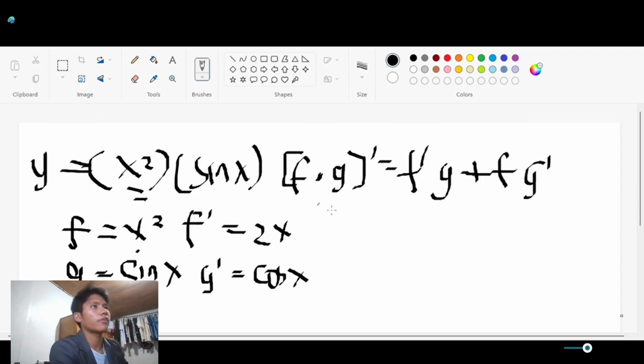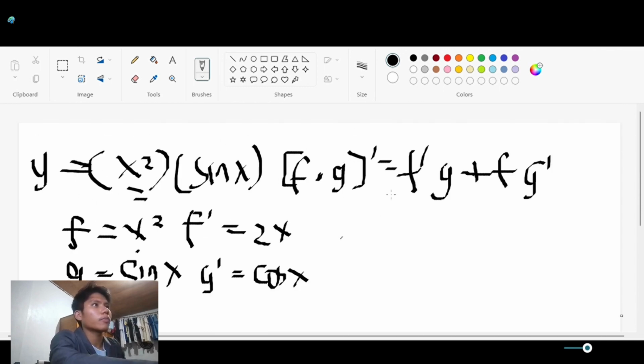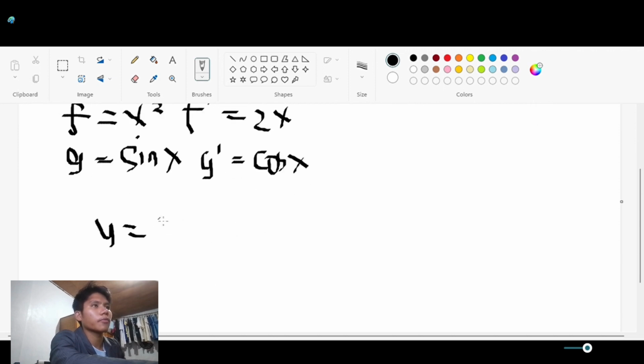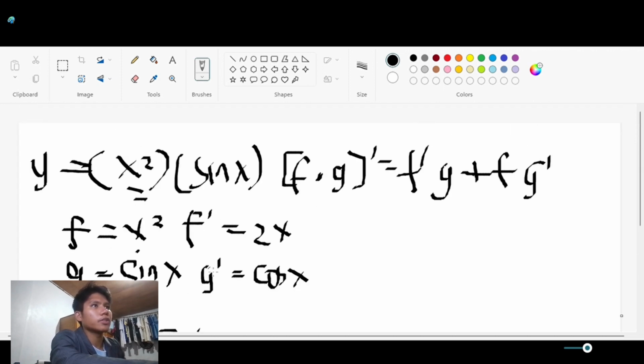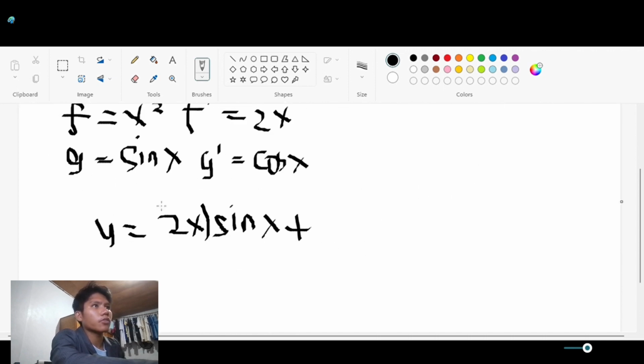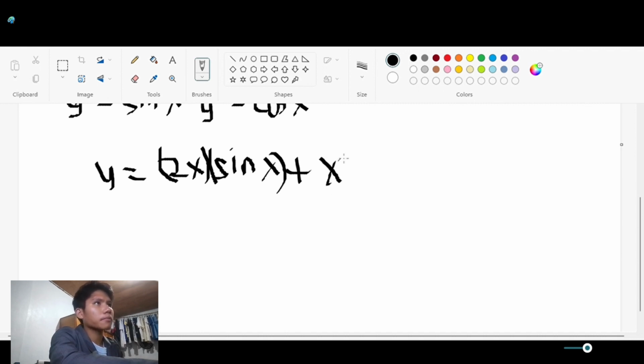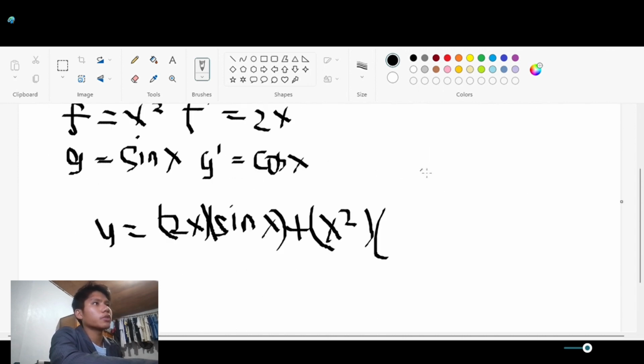Now moving on to our formula, we can plot this as y equals our f prime, which is 2x, multiplied by our g, which is sine x, plus, you can also add some brackets here, our f, which is x squared, multiplied by our g prime, which is cosine x.